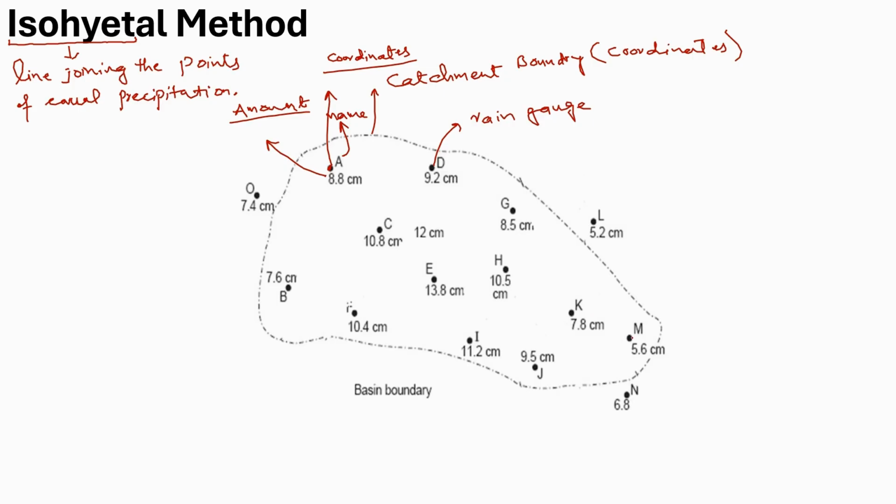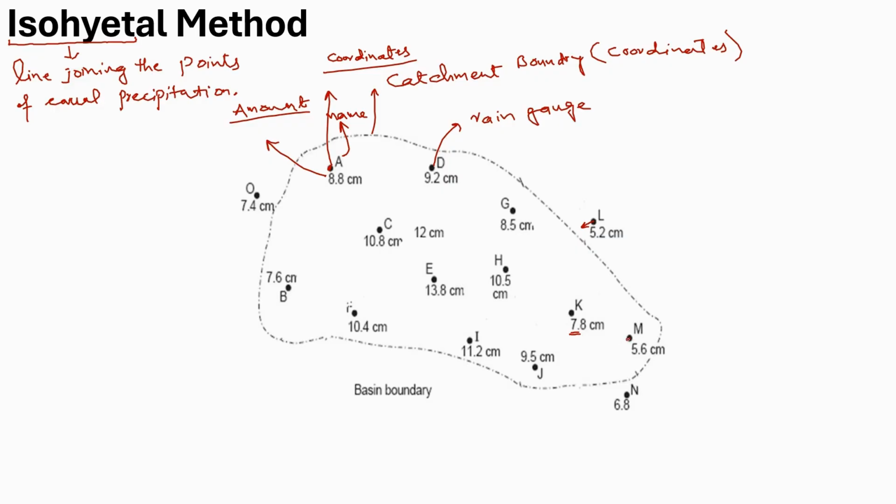So here we have 5.6 centimeter precipitation. Here we have 7.8 centimeter precipitation. And here we have 5.2 centimeter precipitation. It means there will be a precipitation greater than 5.2 on this side because this rain gauge is measuring 7.8.